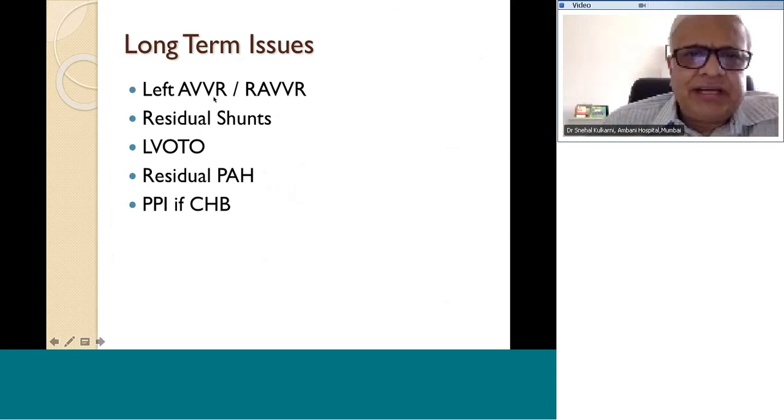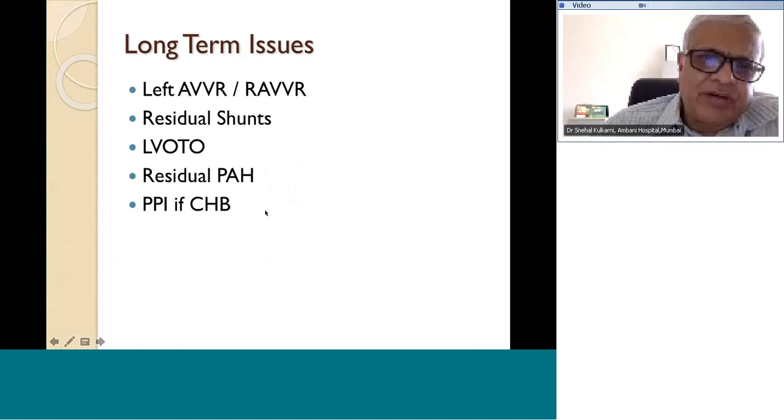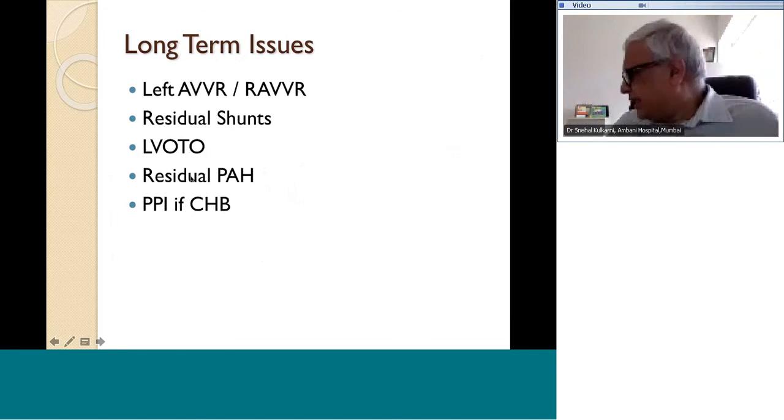Here are the AV valve regurgitations, residual shunts if they are present, left ventricular outflow tract obstructions, particularly in the Downs kids and those with severe PH, later age of surgery, residual PH, and in the very, very small minority where they do develop a heart block, a pacemaker implantation and complete heart block.